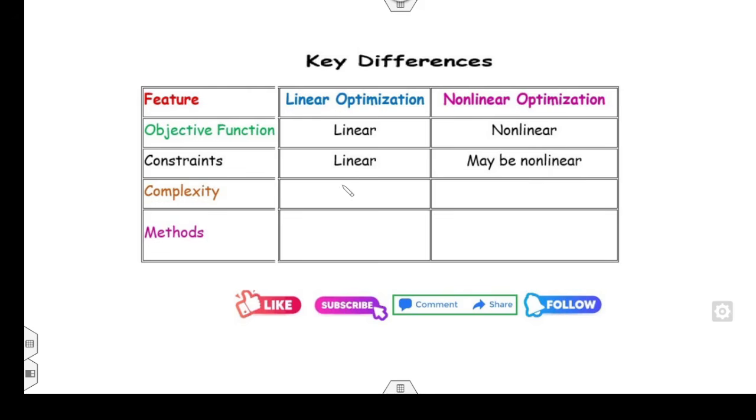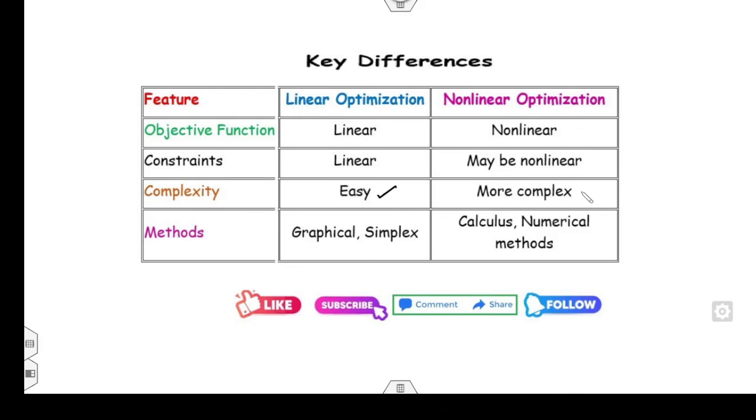Complexity: because it is linear, the complexity is very small, or you can say it is very easy. But in the case of nonlinear optimization, because we need derivatives, it is of a more complex nature. Similarly, what is the method? We can use the graphical method or the simplex method, while in the case of nonlinear, we can use calculus or numerical methods like the bisection method and other methods.